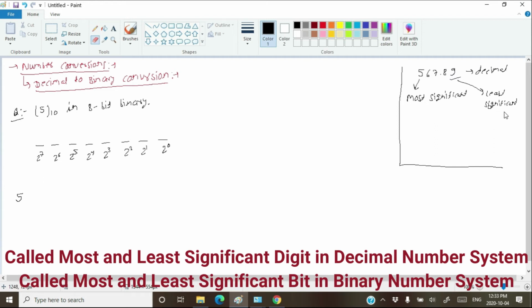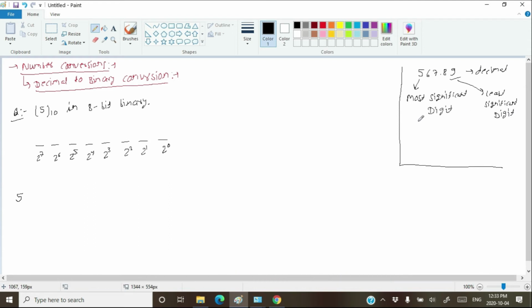Sorry, this one is called the most significant digit because you are talking in terms of decimal. You cannot write bits when you talk about decimal. The most significant digit is also called MSD, and the least significant digit is also called LSD.